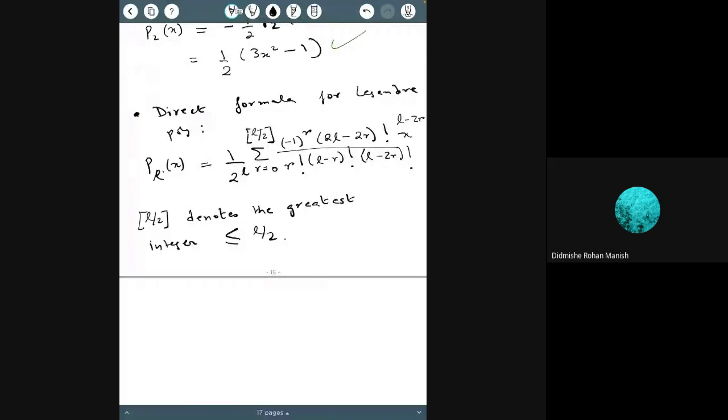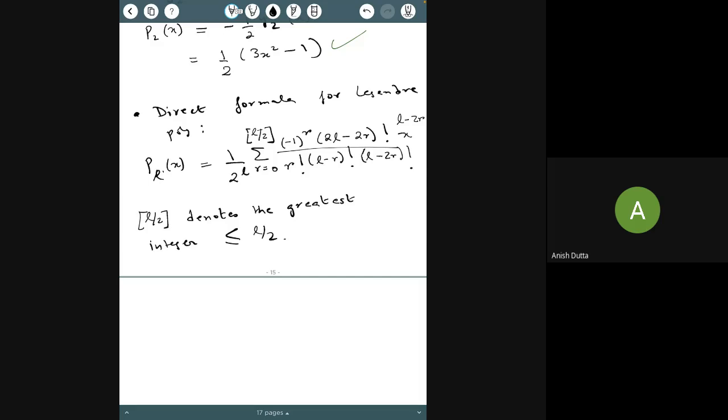So this is the direct formula, where you don't have to take any derivatives or whatever. This is useful, for example, if you are doing a code. If you want to code your Legendre polynomial for whatever reason, then this expression would be useful. Otherwise, I don't think it's a very useful formula.